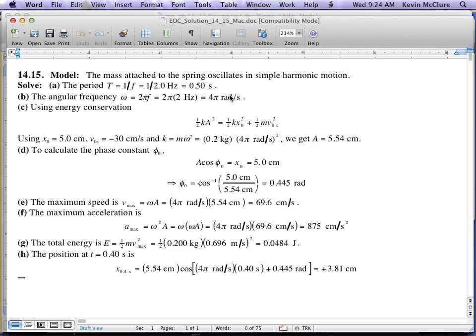Do you remember this? Then if you say at time 0, what happens to omega t? It disappears, right? So then we get A cosine phi. All you have to do is use inverse cosine, and you get 0.455 radians. Does everyone see how that works? We're just using the definitions over and over to make sure that we're familiar with the terms.